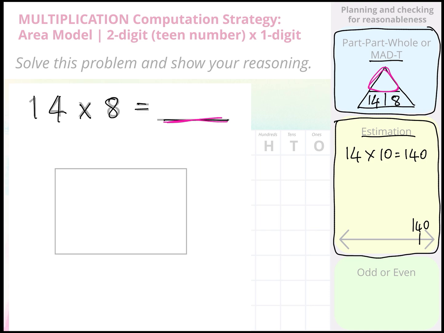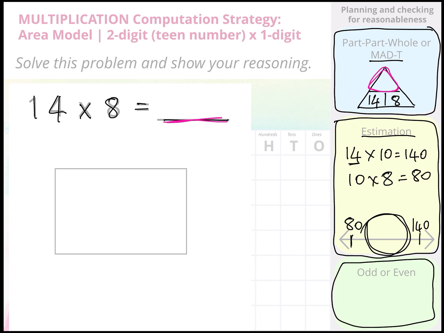Or I might round the 14 down, perhaps, and go to 10 times 8 equals 80. So it's going to be somewhere between those two numbers.